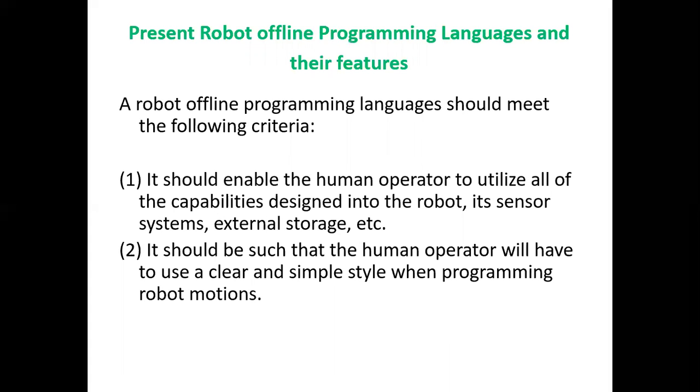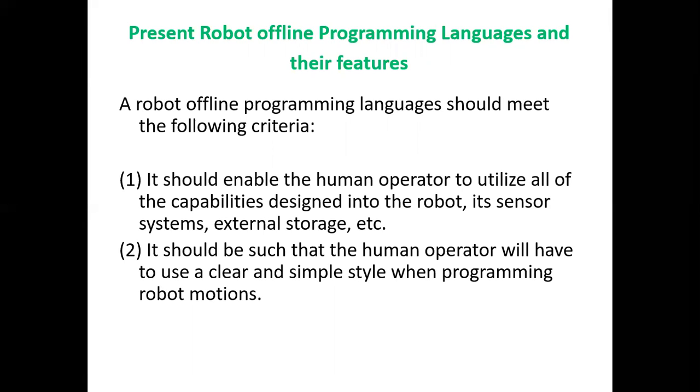The robot offline programming languages should meet the following criteria. It should enable the human operator to utilize all the capabilities designed into the robot, its sensor system and external storage.